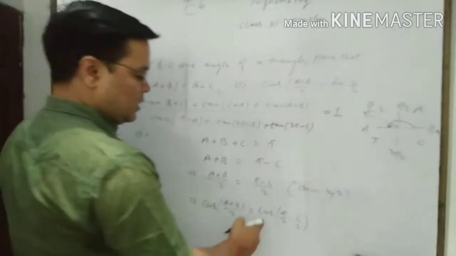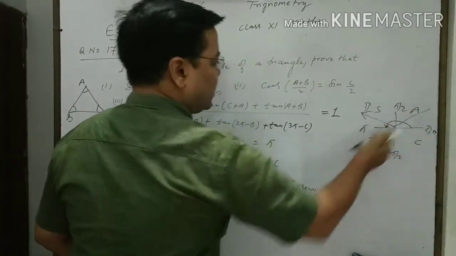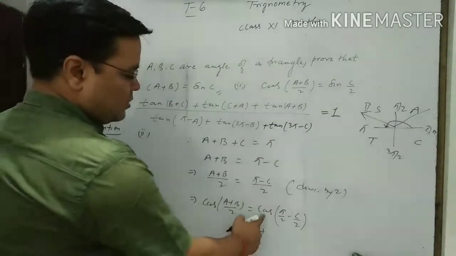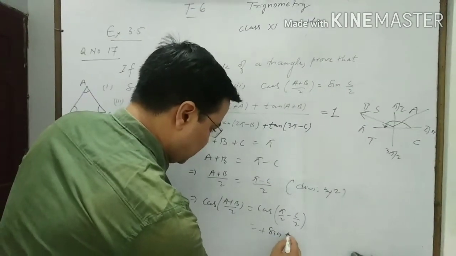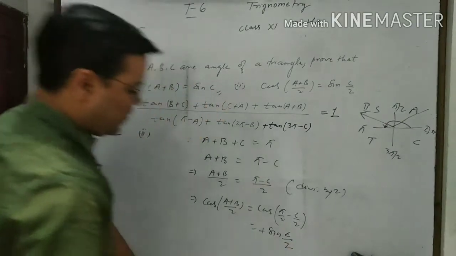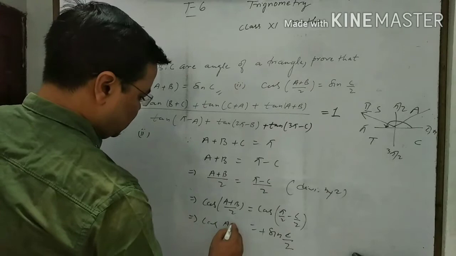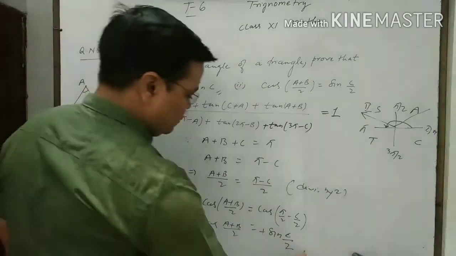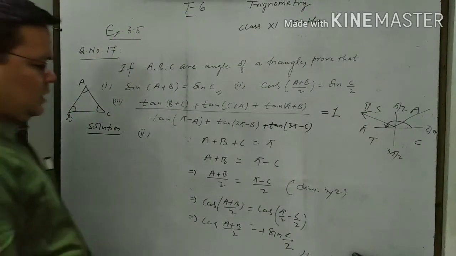We know that cos(π/2 − C/2) is in the first quadrant, and in the first quadrant all values are positive, so it will be plus. And cos π/2 changes to sine, so it will be sin(C/2). It means cos((A + B)/2) = sin(C/2). Now this is also proved. Very simple proving.